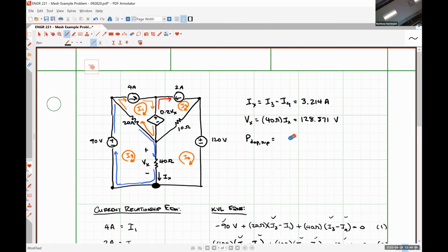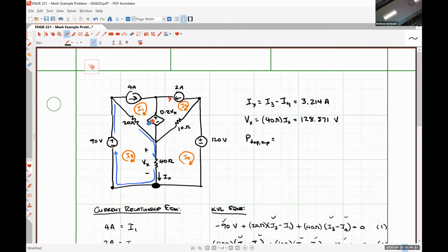I'm going to need to erase a few things here because we're going to have to talk about this. As some of you have likely noticed, our dependent source did not show up in any of the equations that we wrote. In a moment, it should be fairly obvious why that is.